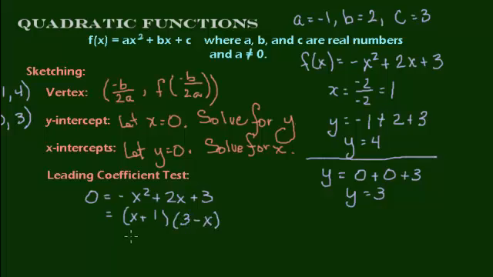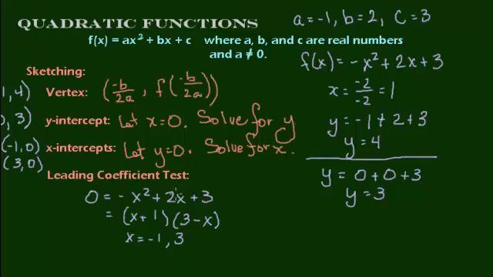However you want to factor it, you will get the x-intercepts to be equal to negative 1 and 3. My x-intercepts then would be at negative 1, 0 and 3, 0.